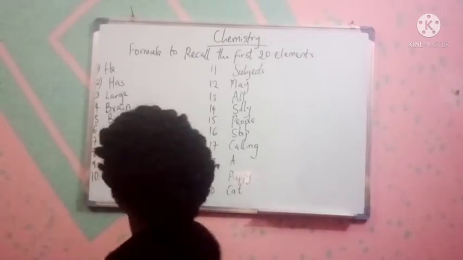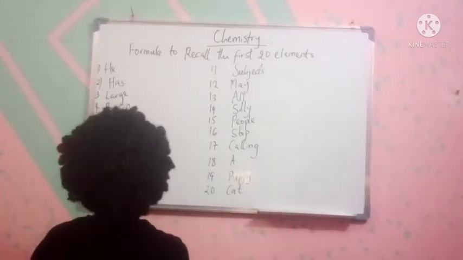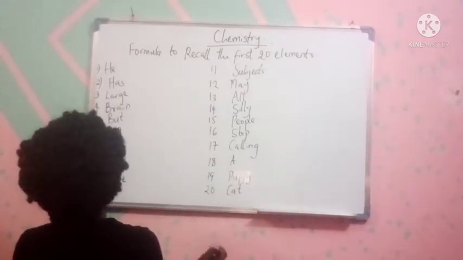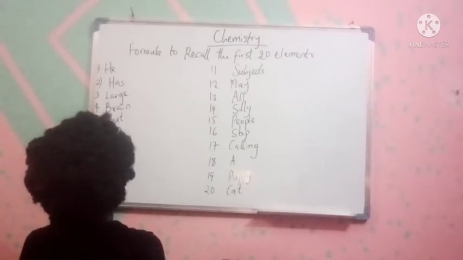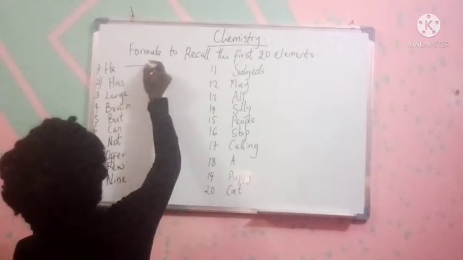So the whole idea is that the first alphabet of each word you are using as the acronym is going to be replaced by the element.